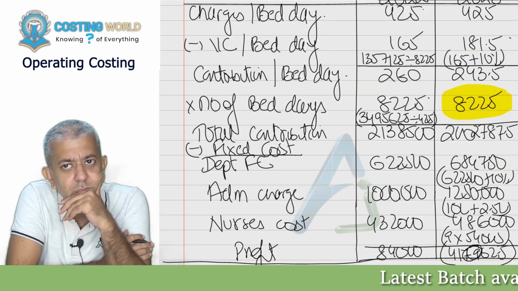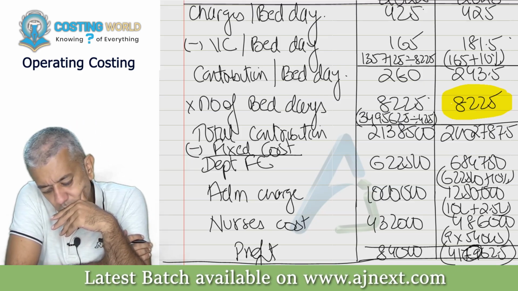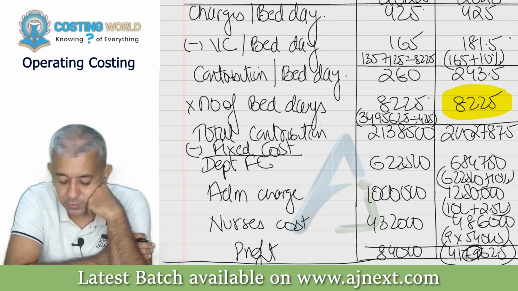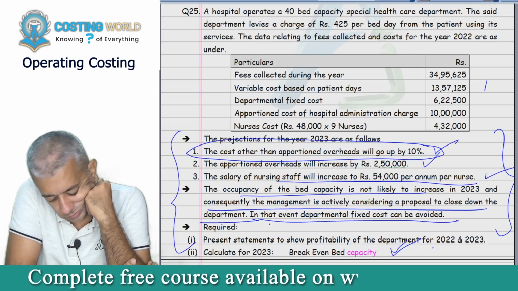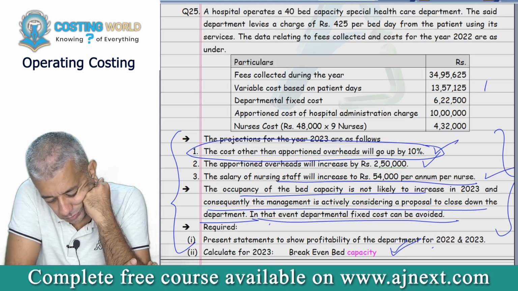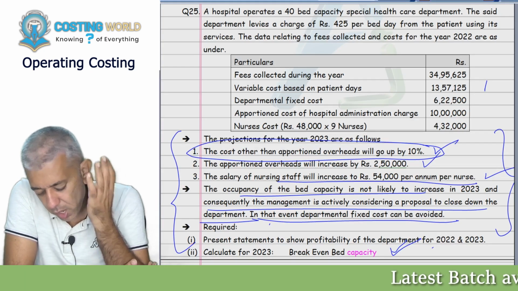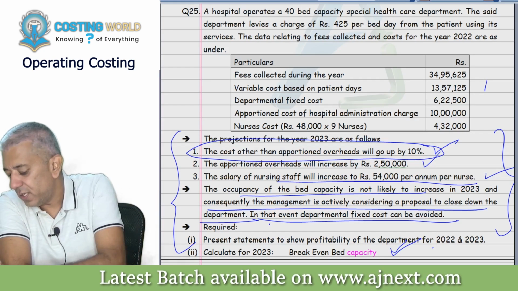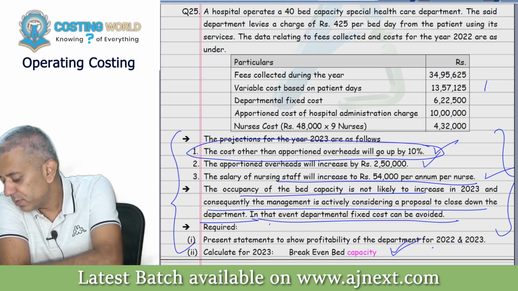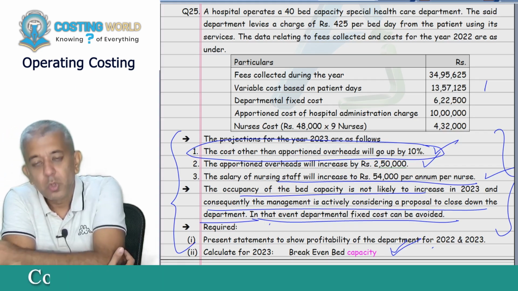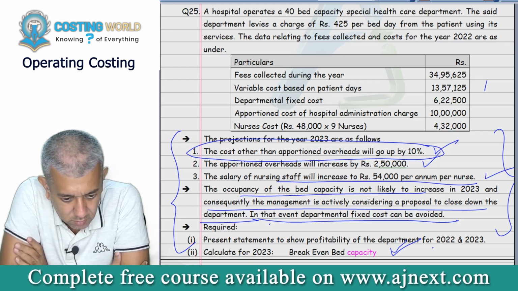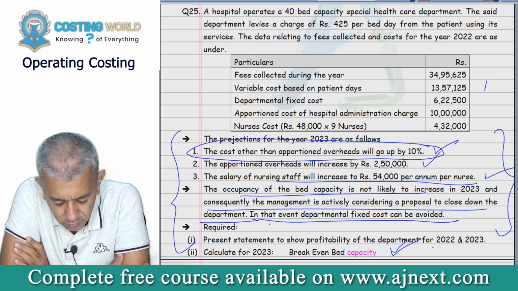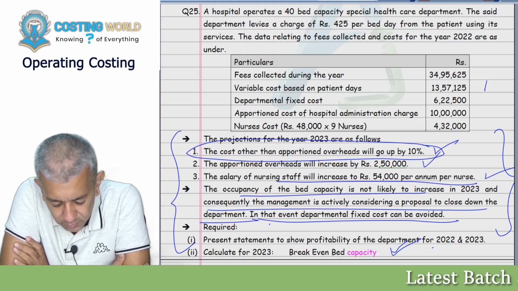Write down. Part 2: break even bed capacity are those many bed days at which profit is zero.